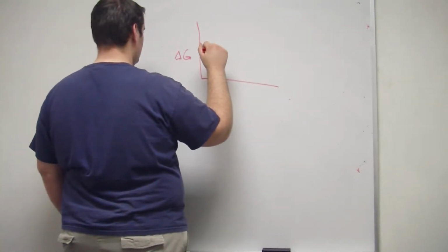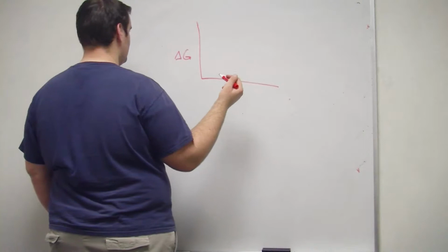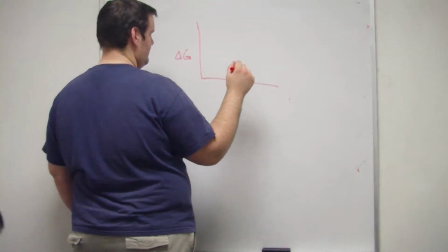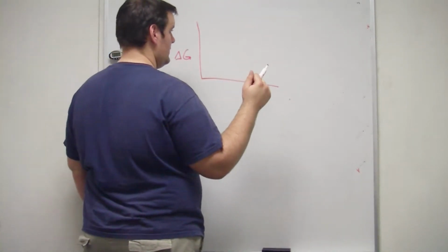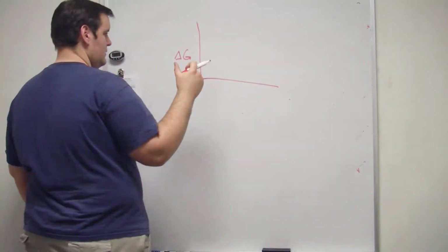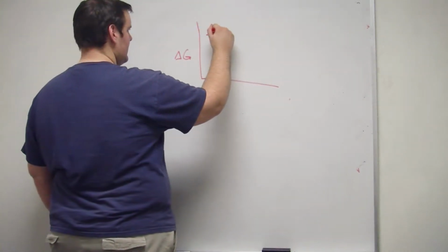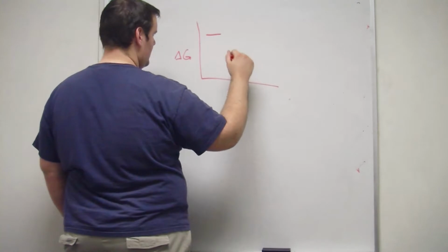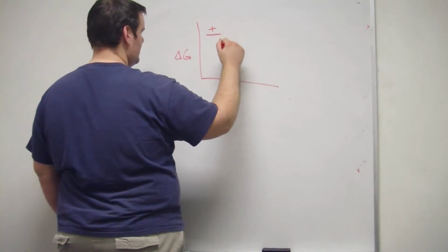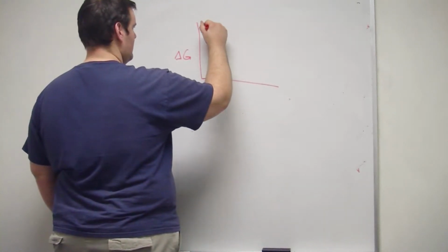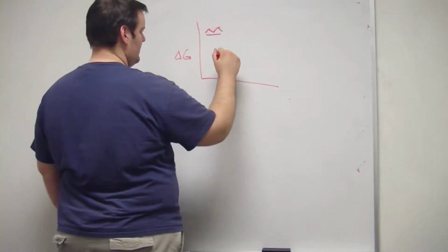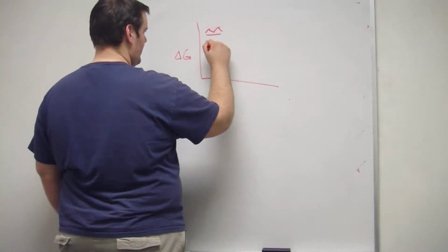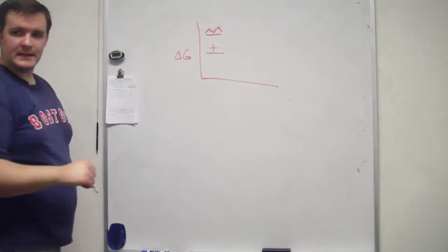So let's say we have 5 carbons here, there's the pentane molecule here, and here's where our neopentane is.